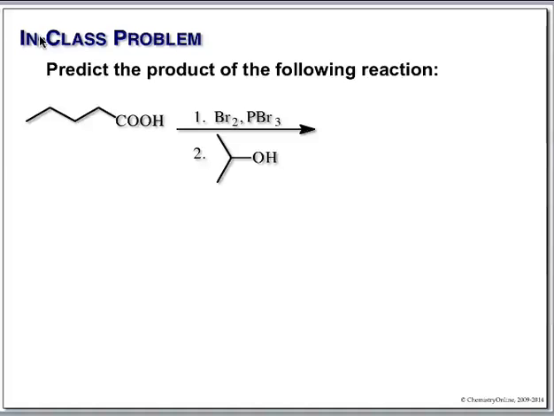This was actually our first introduction to enolates as nucleophiles with halogens, again back in chapter 20. In chapter 20, we said that carboxylic acids in the presence of PBr3 were going to form acid bromides, right? Standard carboxylic acid reaction. So step 1 here, we form the acid bromide.